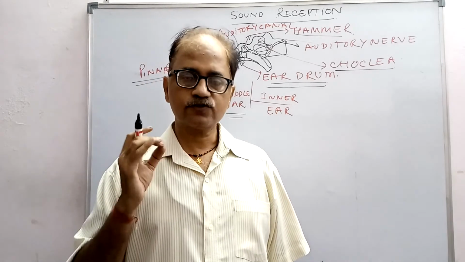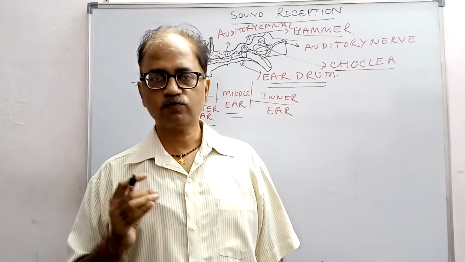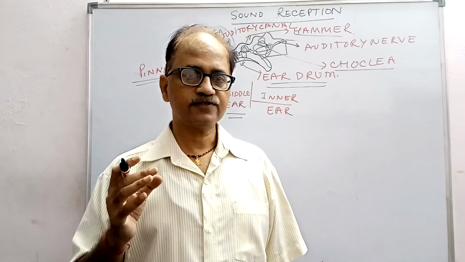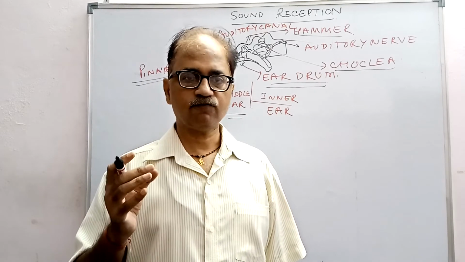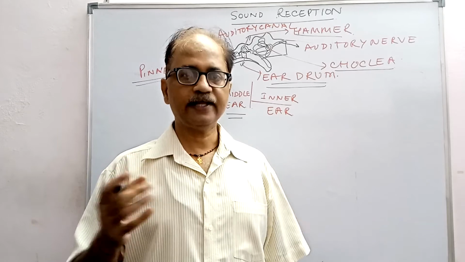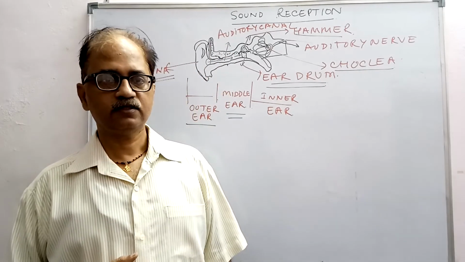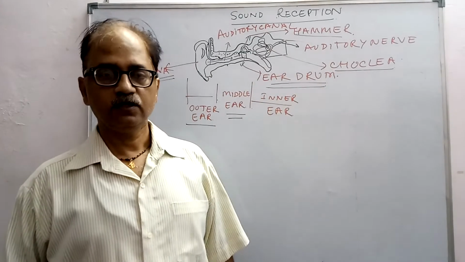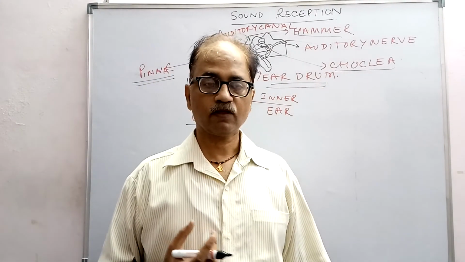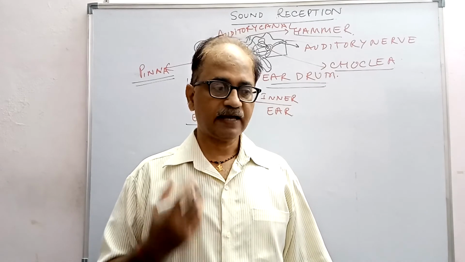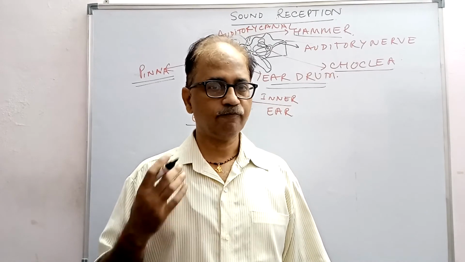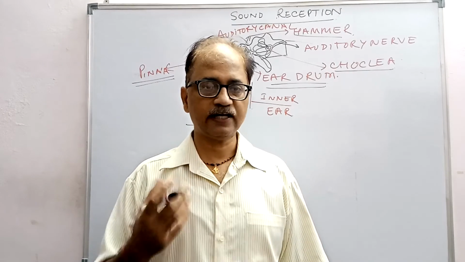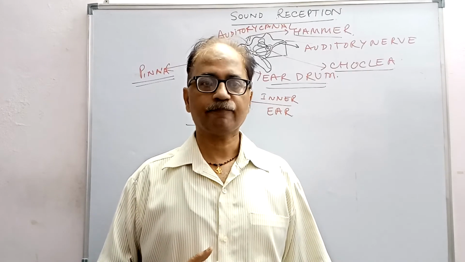This cochlea balances the human body. When there is a small child, he is not able to walk. He stands and falls. Then slowly he learns how to stand and balance because of the cochlea.